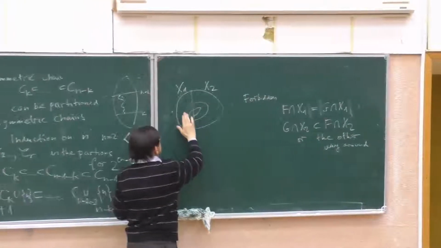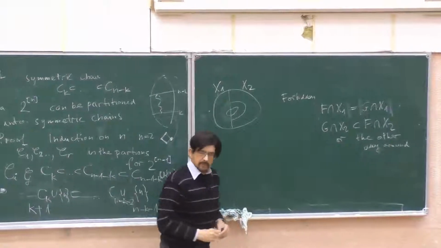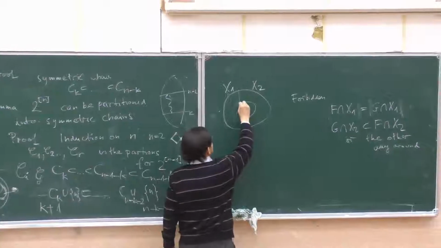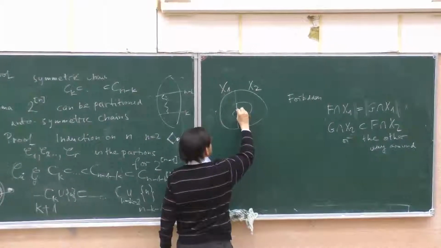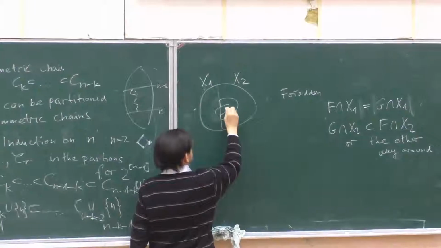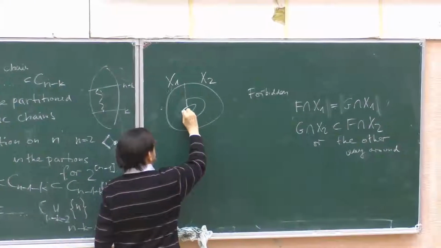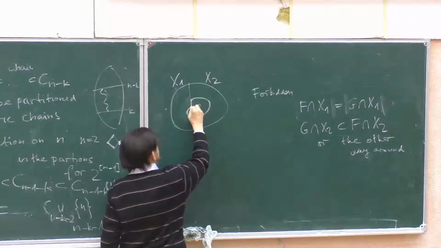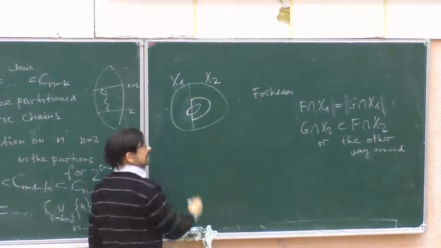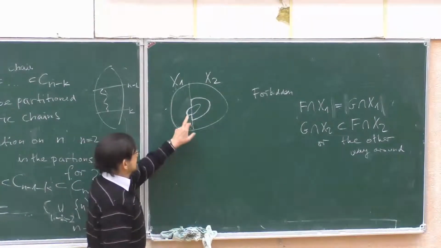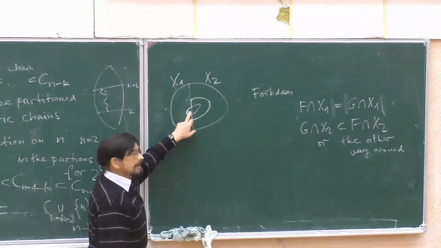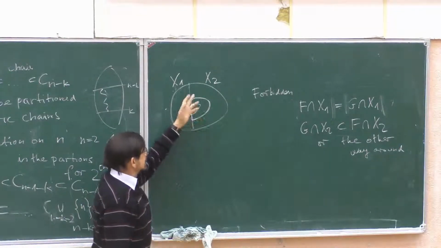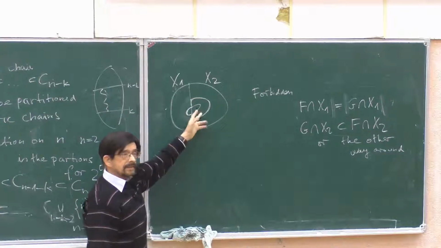So, no color chalk. So, if one set is this one and the other set is this one, these two sets are equal in X1, but one is a subset of the other one in this part.